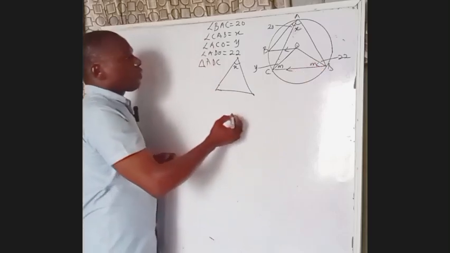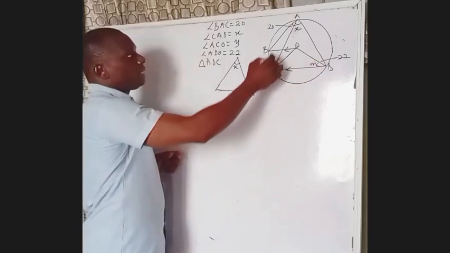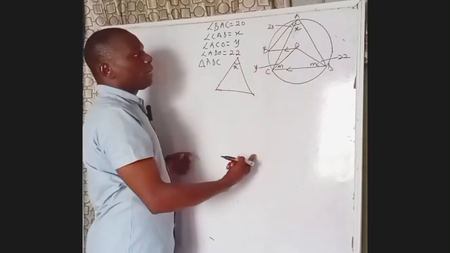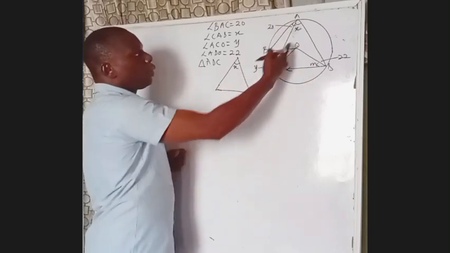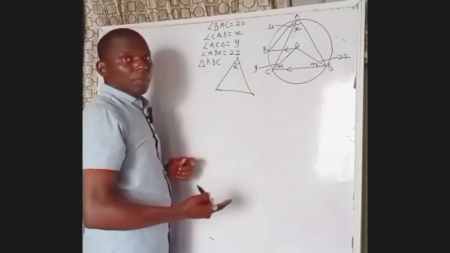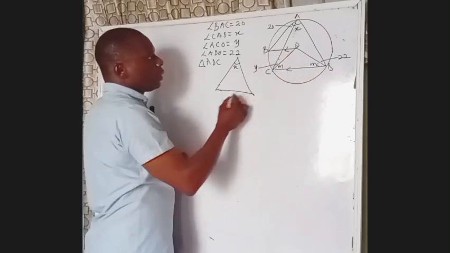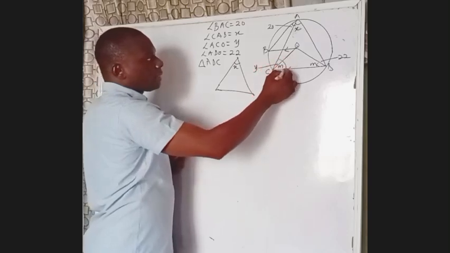So from within triangle ACD, we also have another triangle, OCD, which is an isosceles triangle.